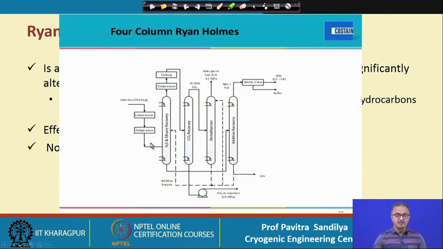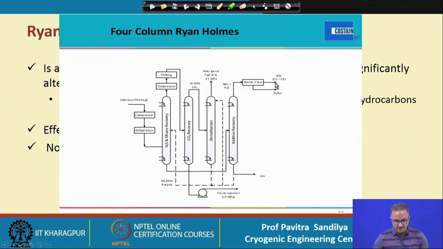And this is a typical Ryan-Holmes process, in which the natural gas is coming after compression and dehydration. It is passing through several columns, and in each of the columns we are able to recover the various gases, and ultimately we are able to produce the natural gas.